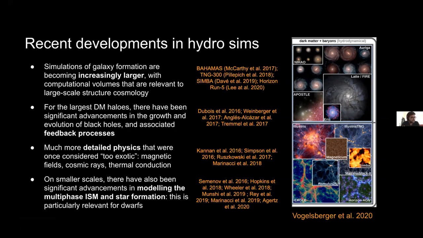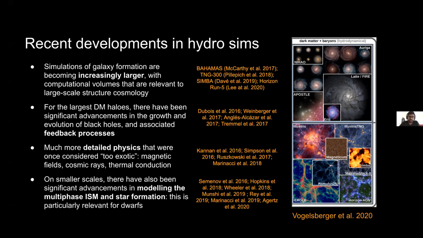And the most massive halos that can be found in these volumes are now being treated in a better way in terms of how black holes grow and evolve within them and the associated feedback as a result of these active galactic nuclei. This has profound effects both for the growth of galaxies within these halos, but also for the surrounding large-scale structure, which we'll see in a moment.